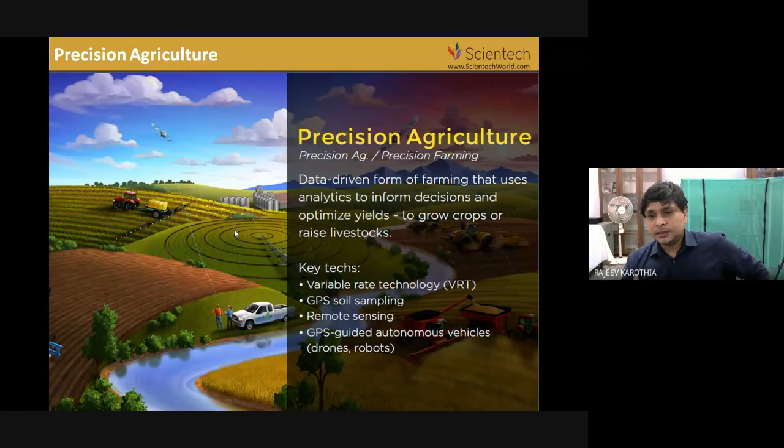There are some key technologies which we should know if we are going to implement precision agriculture: variable rate technology, GPS soil sampling, remote sensing, and GPS-guided autonomous vehicles, that is, drones or robotics, for various applications in agriculture. We can use a drone as a sprinkler and a robot as a weed cutter. So there are different technologies and terminologies involved in making precision agriculture.